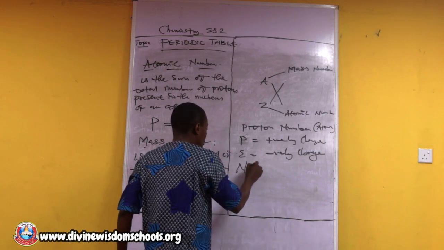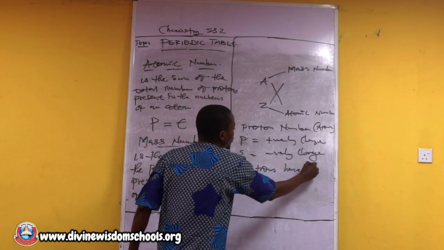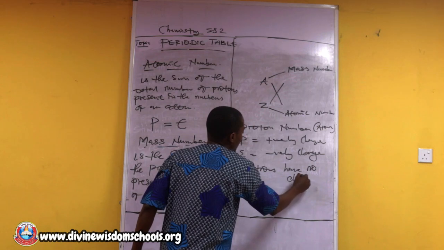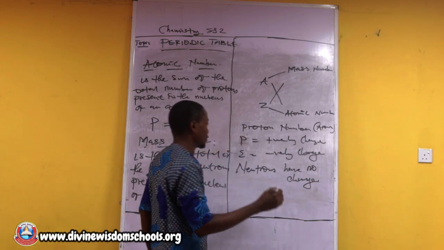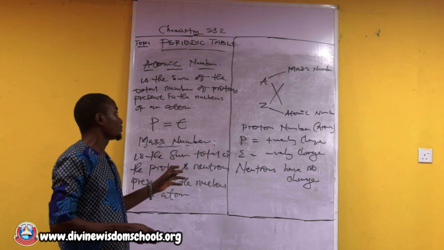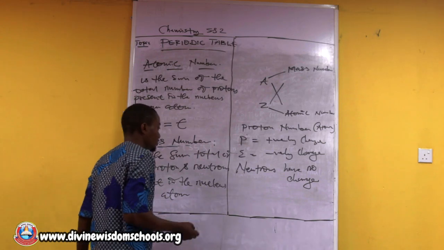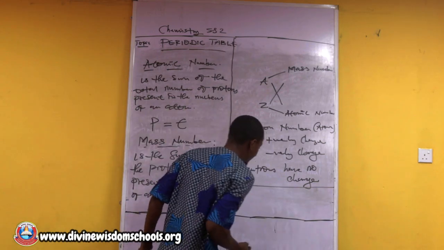Then the neutrons have no charge. Now, this is very important provided that the periodic table is concerned. So we need to know these things.